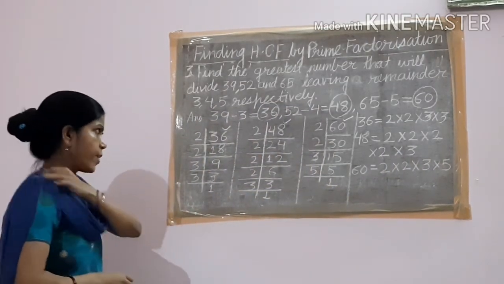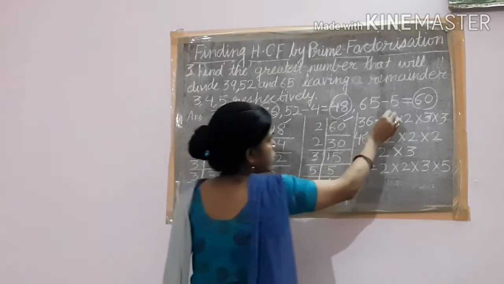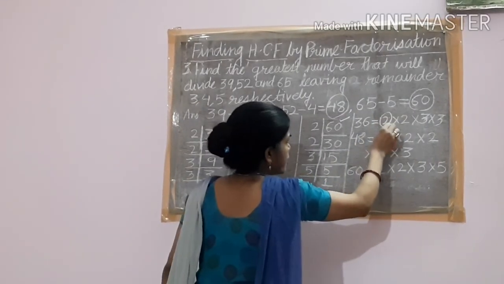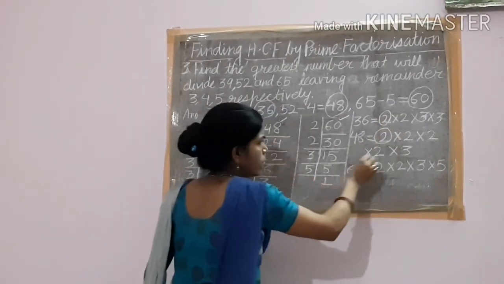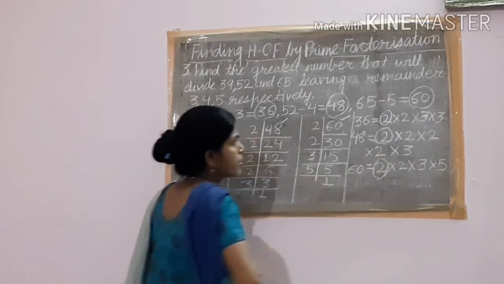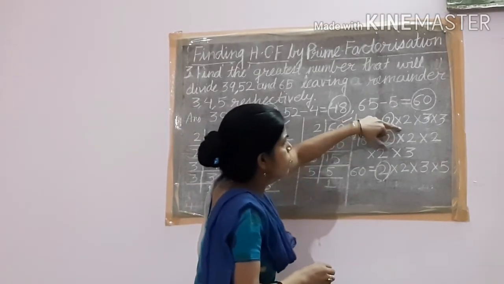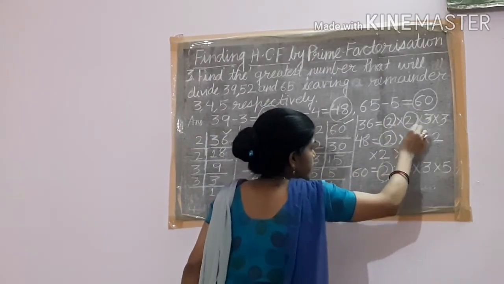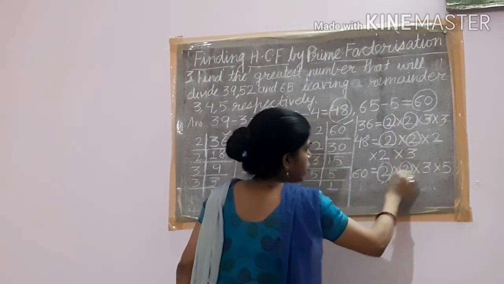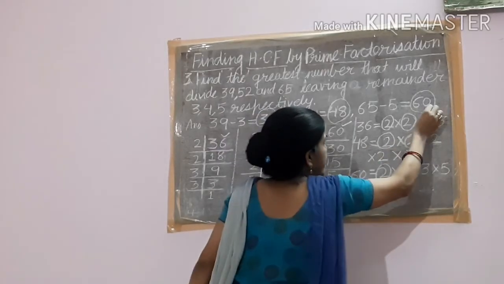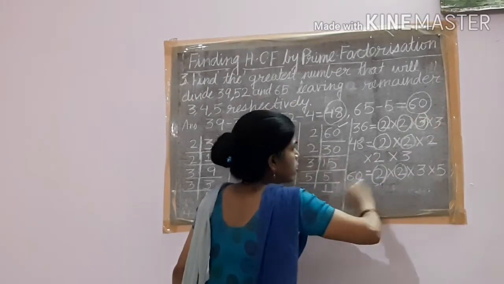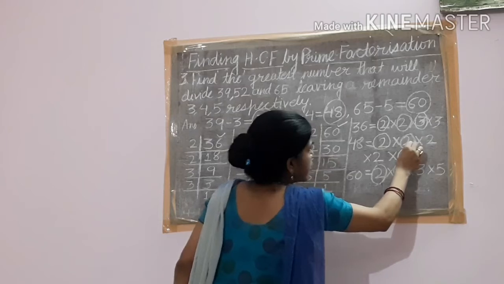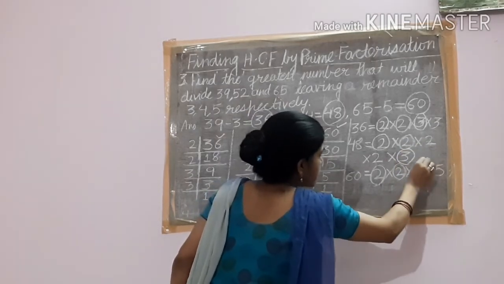Find out the common prime factors. 36, 2 is here. 48 also, take one 2. 60 also. Next, another 2: 2 here also, here also, here also. So this is also common. Now, the next number is 3. This 3 is here also, and here also.